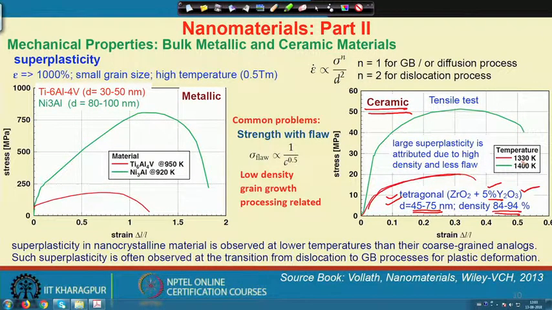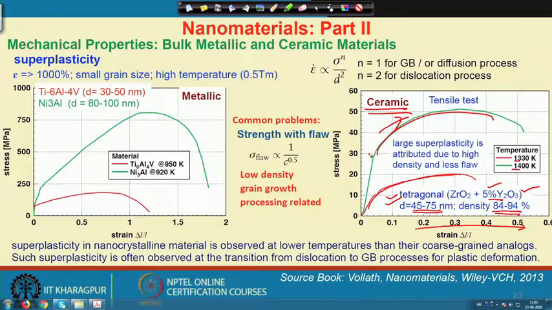At this temperature of 1330 or 1400, we get such a large plastic strain, where ceramic material otherwise does not show any plastic strain at all. So, nanomaterial can show a large plasticity if the material can be processed and densified.